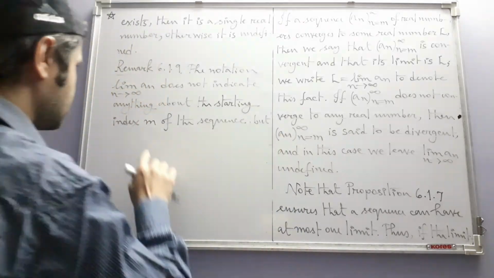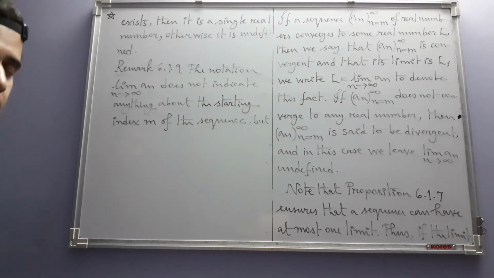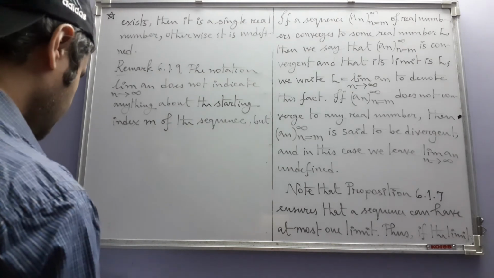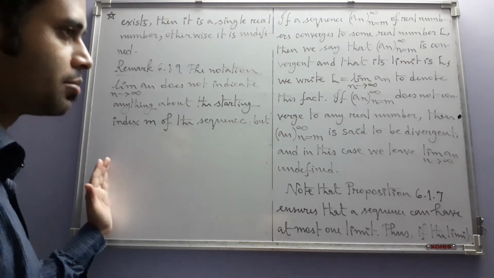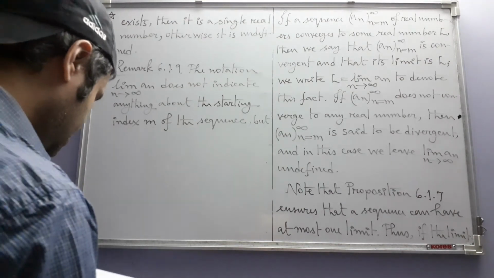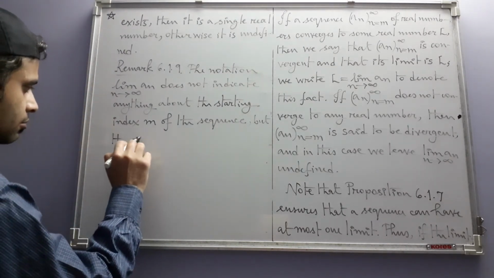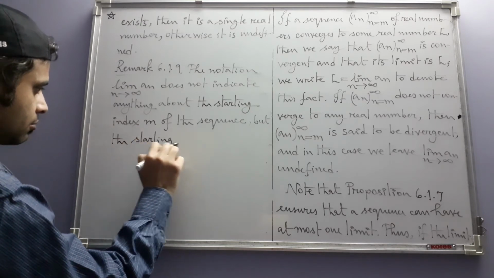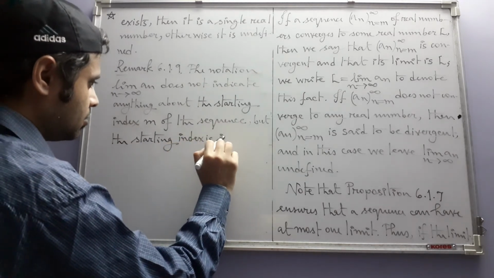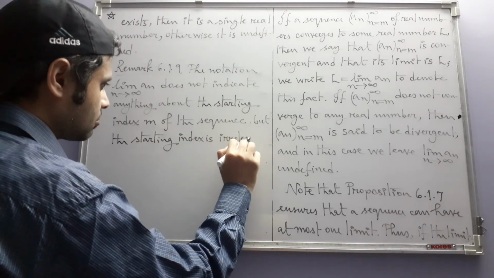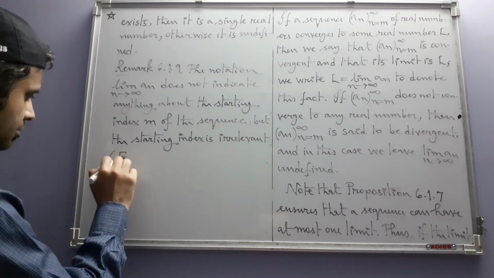At least as far as limits of sequences are concerned, the starting index does not matter. You can start at any point in the sequence itself. In other words, you can in fact neglect a few terms from the beginning, finitely many. We will see why that is so, but the starting index is irrelevant. We will see this in the third exercise.